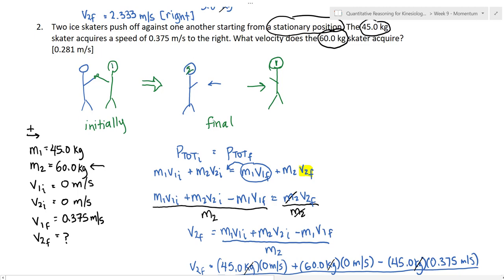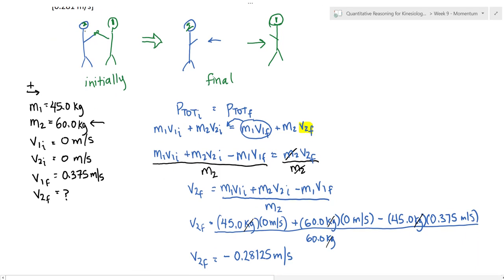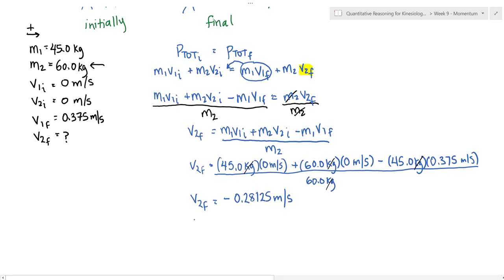And then same as beforehand, green is 1, blue is 2. All right, so does it make sense that the final velocity of object 2, the blue person, would be negative? Well, yes, because we know that the blue person pushed off of the green person and is going backwards now, so is moving to the left. So rather than writing a negative, we want to give a direction.